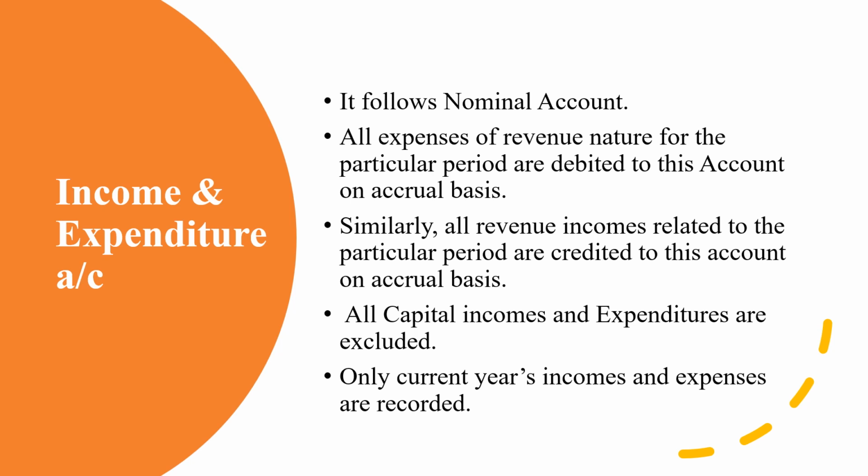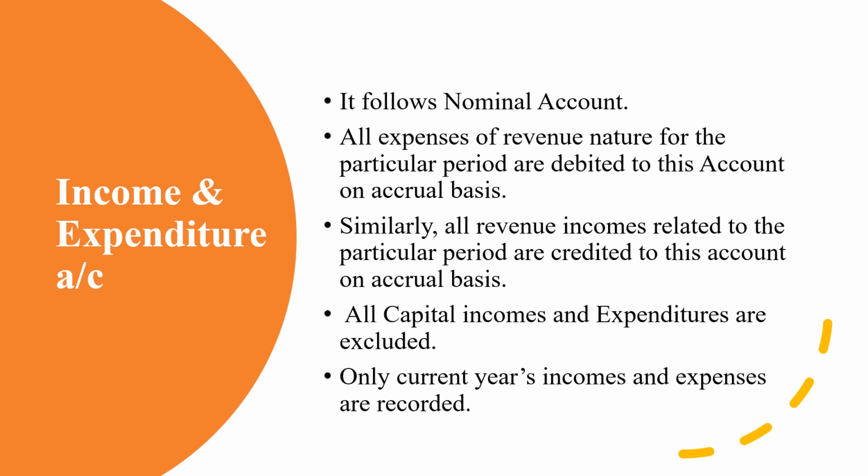Income and expenditure account is a nominal account, so it follows the rule of the nominal account, which is debit all expenses and losses and credit all incomes and gains. We will be following the same rule to prepare this income and expenditure account. All the expenses will be debited and all incomes will be credited.